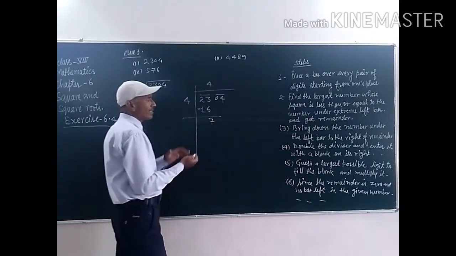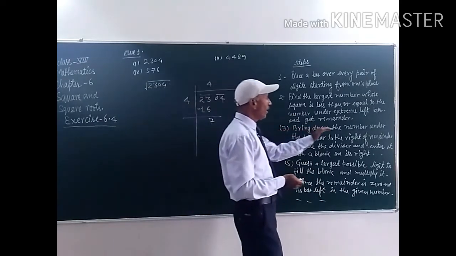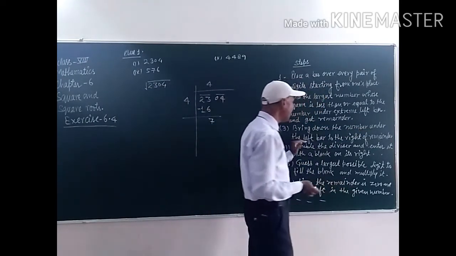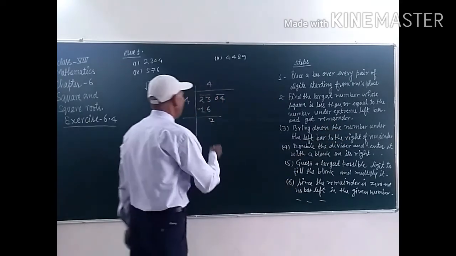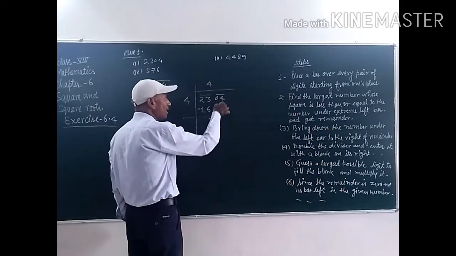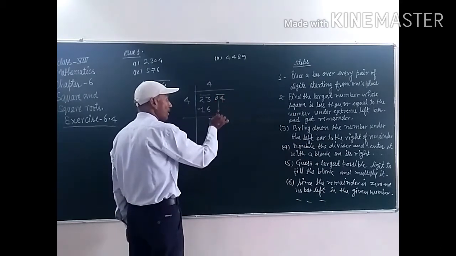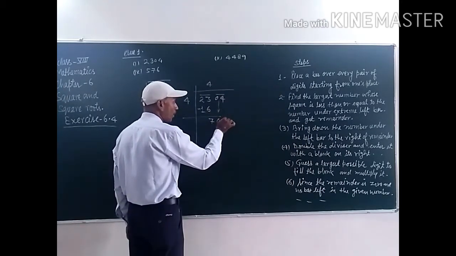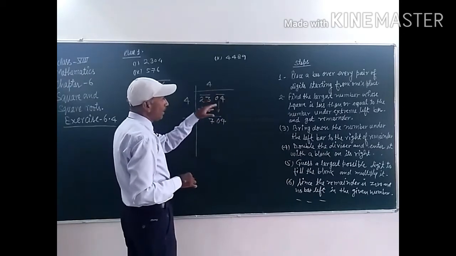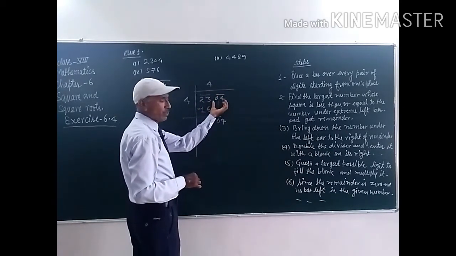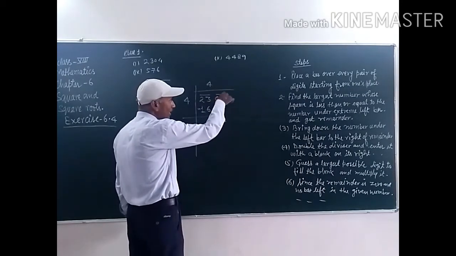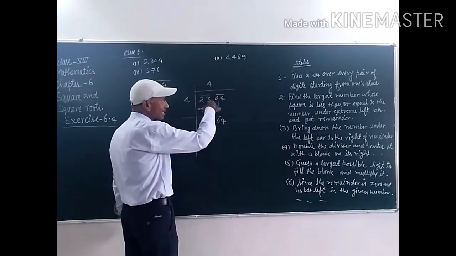Now, in the third step, students, bring down the number under the left bar to the right of the remainder. To the right of the remainder, students, we have to put down this number 04. Clear, students? Under the bar there is 04. We have to take this pair, students, not a single digit.